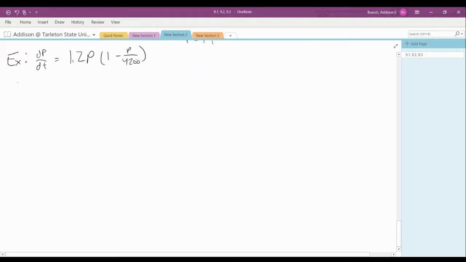And we want to know, when is our population increasing? When is our population decreasing? And what are our equilibrium solutions?